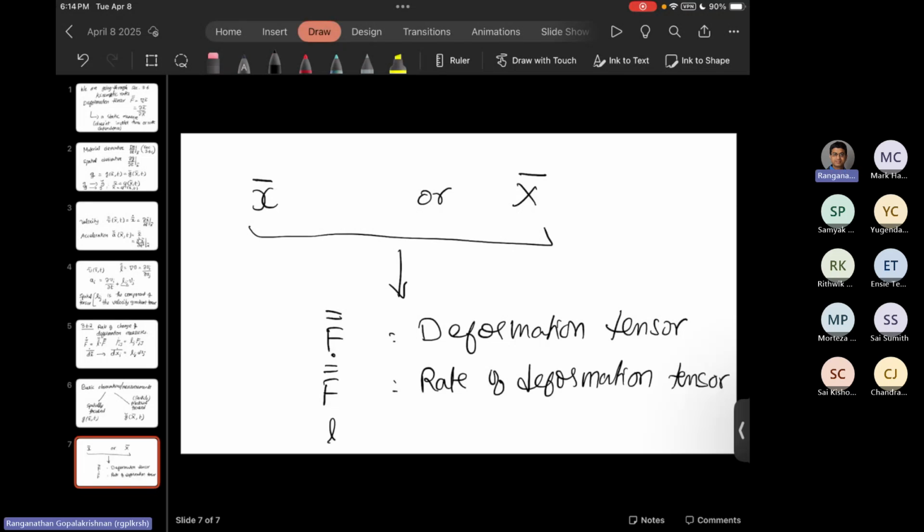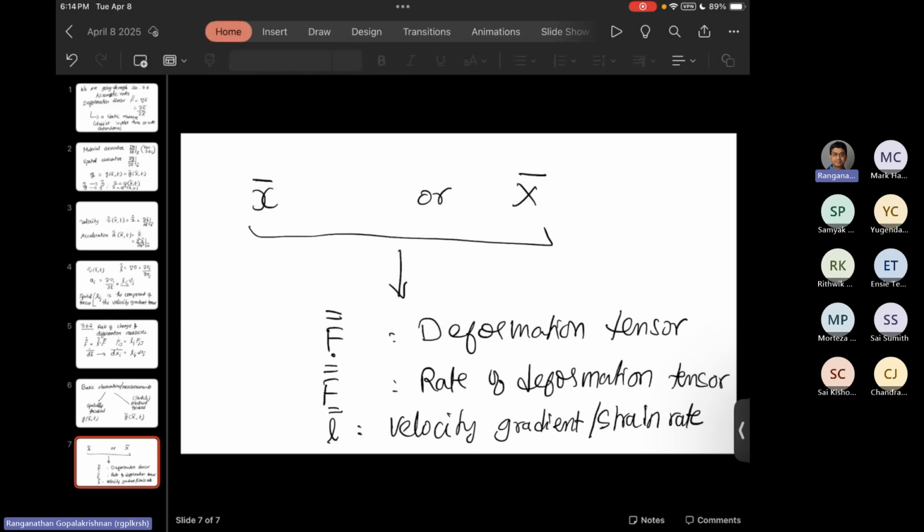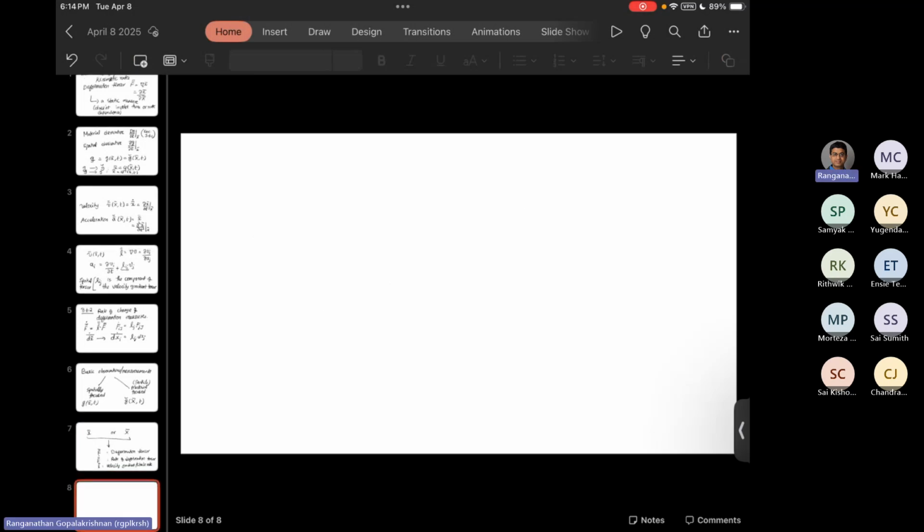You can also calculate L, which is the velocity gradient, also known as the strain rate tensor. So these three quantities are the core. With these quantities, we'll be able to calculate everything else that appears in this unit, in this segment of rates. Okay, so maybe this is something you need to keep in mind.